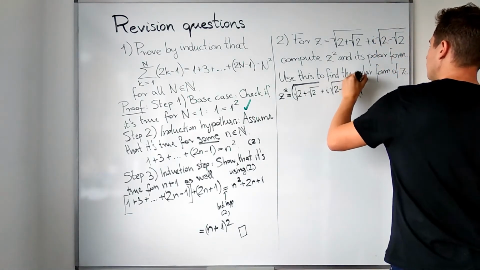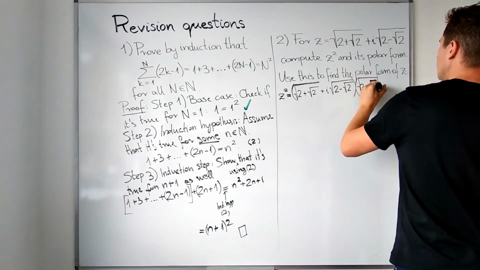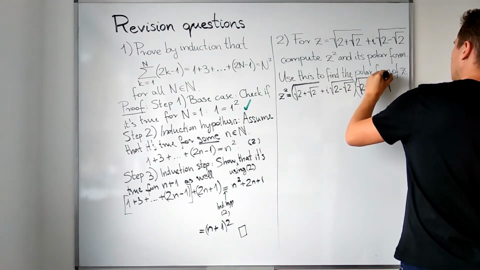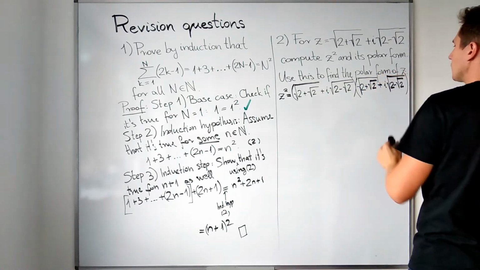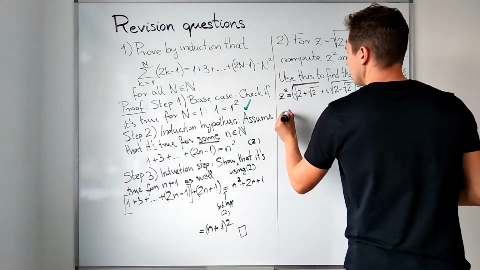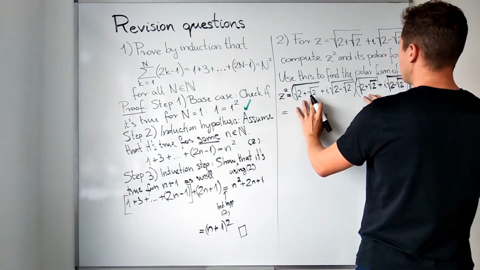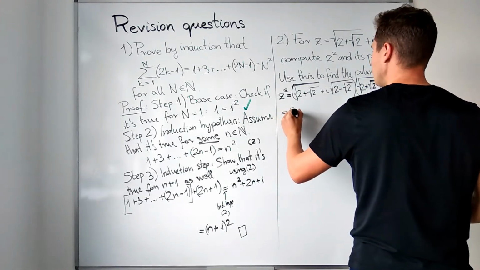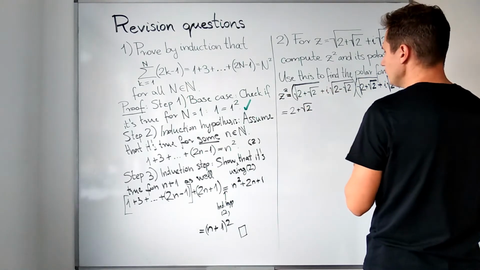So as long as we have that in mind, and we apply that, we should have no problem. Okay, so I just copied z over twice, so I'm multiplying it by itself. When I multiply the first terms, I will get the square of this number, which is exactly 2 plus √2. I'm squaring the square root.